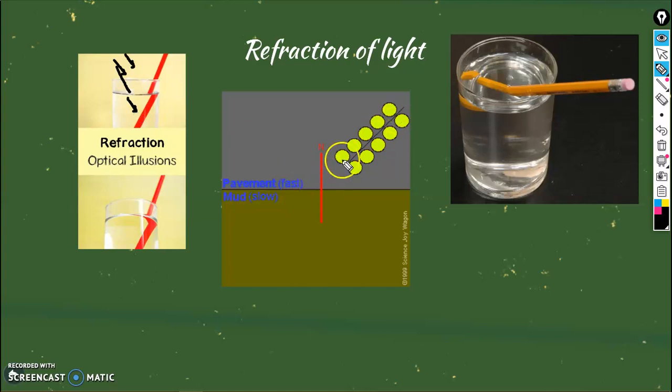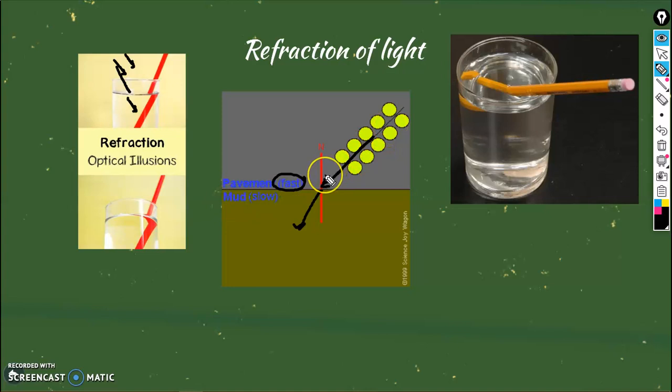Here also we have another picture. Here is the light ray, and here is the first medium, which is the air. The light, as we said, travels faster in the air medium. So it will travel at a fast speed, then it will slow its speed once it passes through another medium, which is the water or the mud or another medium.